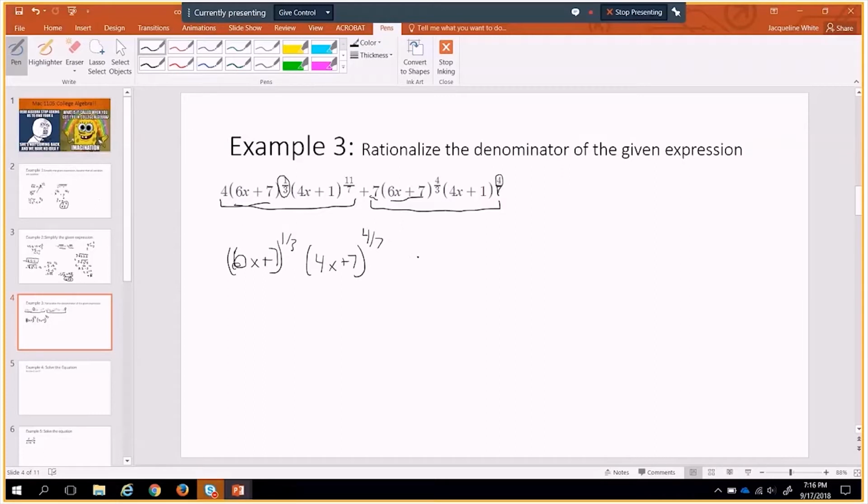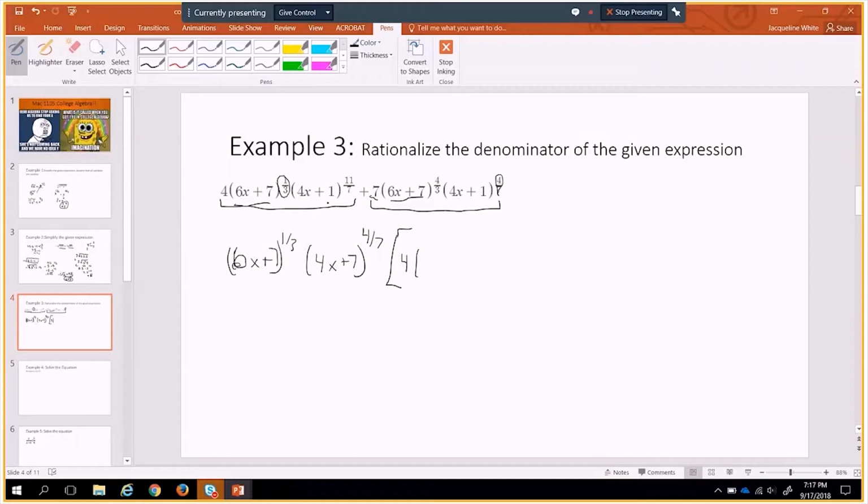All right. So now we could put a little bracket over here to work with these terms individually. So what's left on this left side? We have that 4 still, so we could write that. But do we have a 6x plus 7 still? No, we don't, because we took out a 1/3 power already from it. All right, so let's move on to the next term. We have a 4x plus 1 to the 11 over 7.